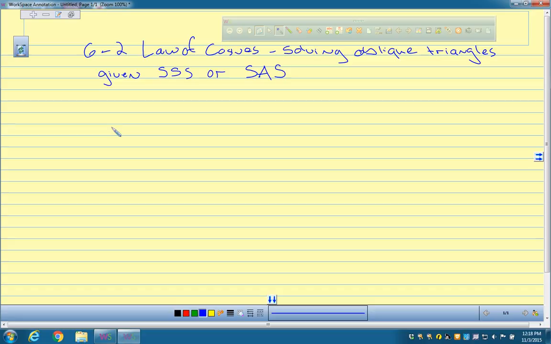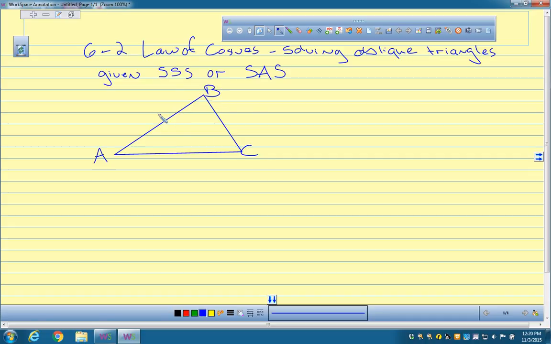Okay? And law of cosines says this: if you have some triangle, let's just try a triangle, a three-sided shape, where say this is side A, this is B, this is C. This is little c, this is little a, this is little b over here.